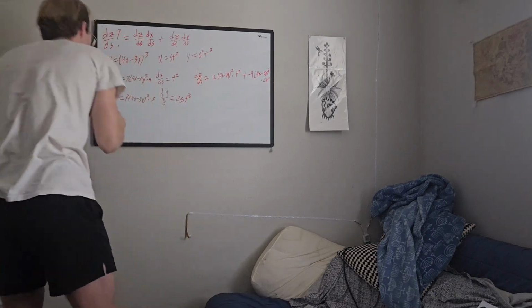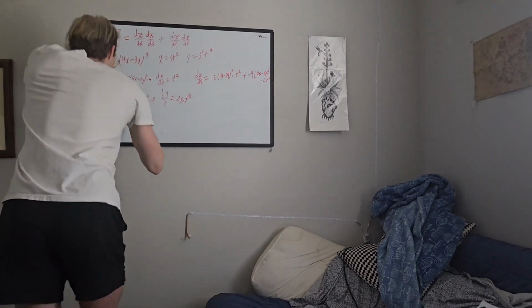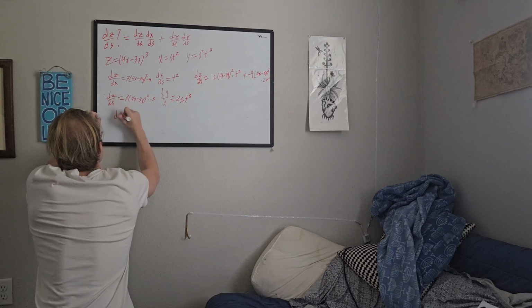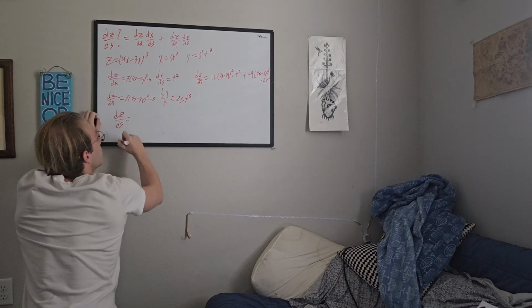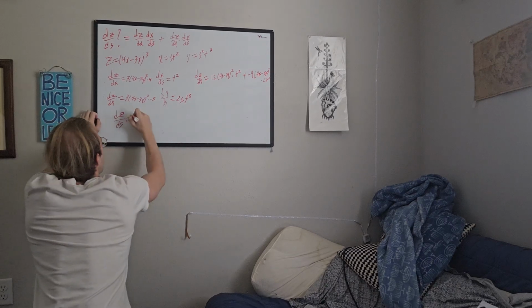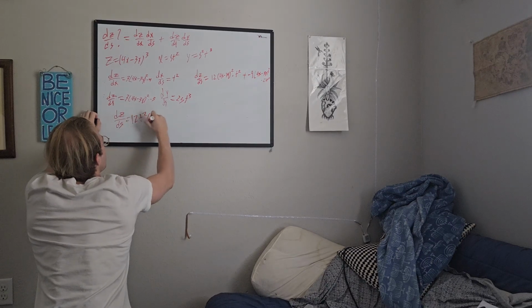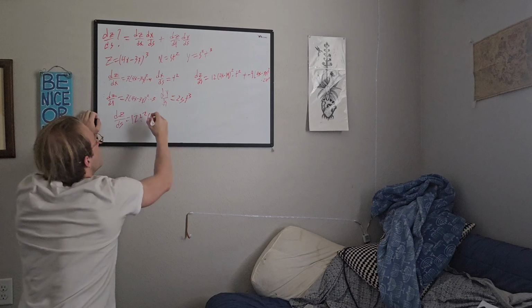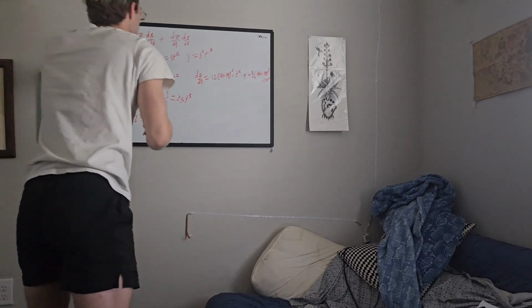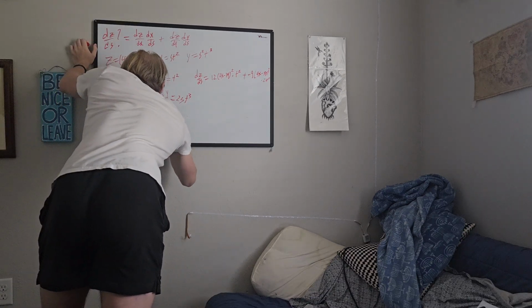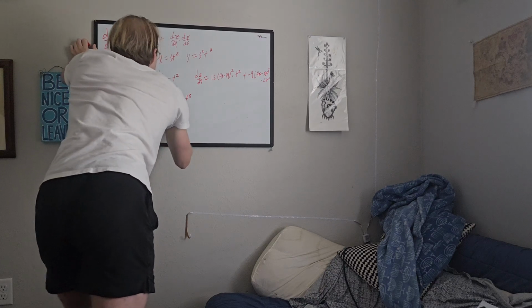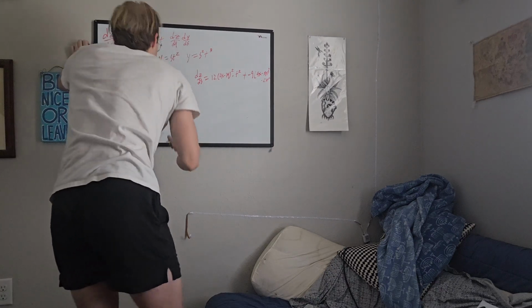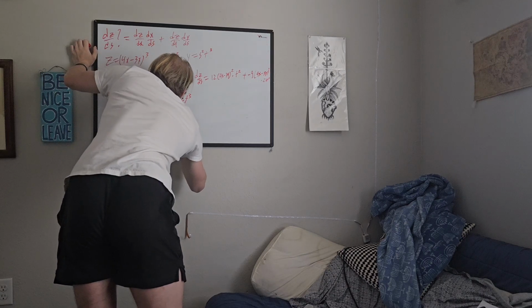So what you get is, it's going to take me a second to write this big thing. dz/ds is equal to 12t squared times the binomial (4st squared minus 3s squared t to the third), and this is squared.